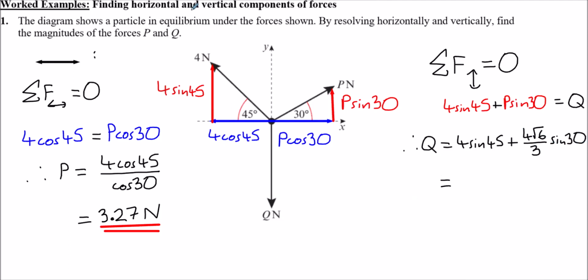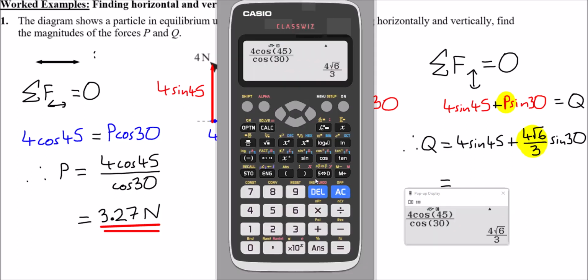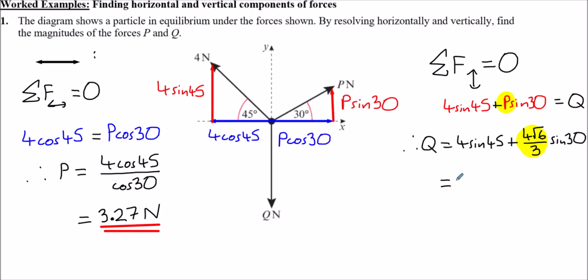So let's work this out now. 4 sine 45 plus the previous answer, we can use ANS sine 30, because ANS will be this stored value of 4 root 6 over 3. We get this horrible looking surd expression, so press SD. We can see here that Q must be, to 3 significant figures, 4.46 newtons.